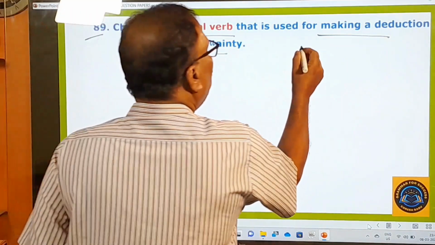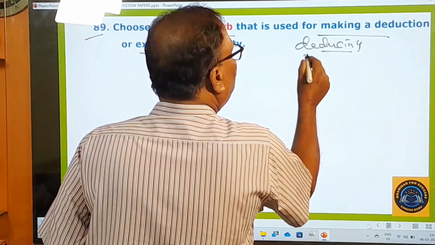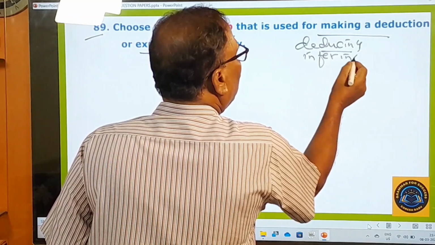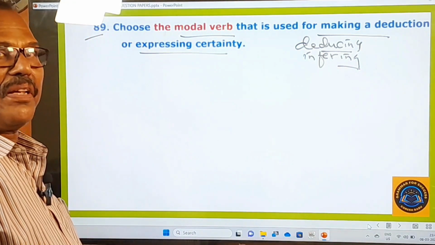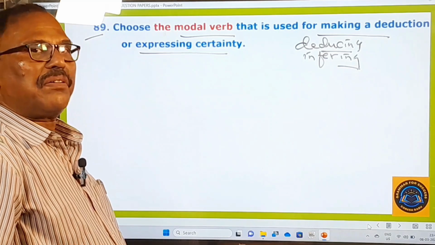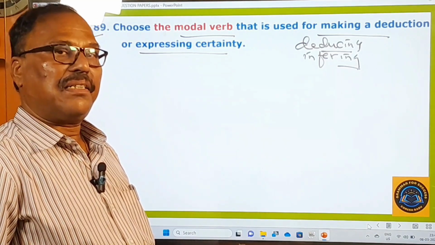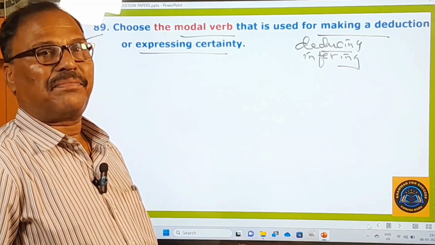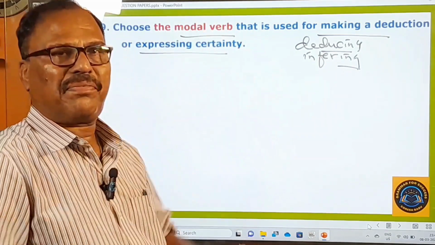Deduction means deducing, or that means inferring. Inferring means what? Guessing. Okay, you are inferring. You went to your friend's room at about 10:30 at night. The lights in his room were switched off.